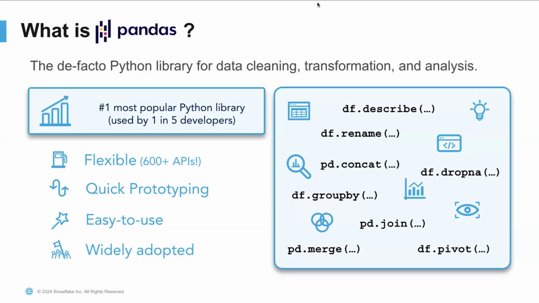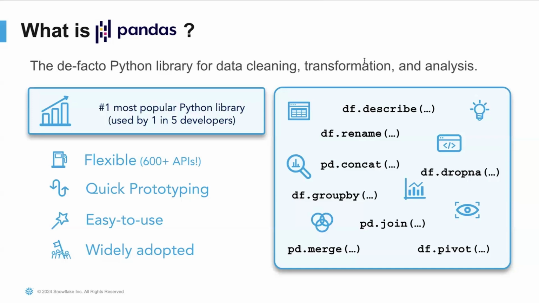It makes it very easy to do prototyping and experimentation with your data. It's also super widely adopted by the community and data practitioners at large, with something close to 5 billion downloads, and it is used by 1 in every 5 developers.